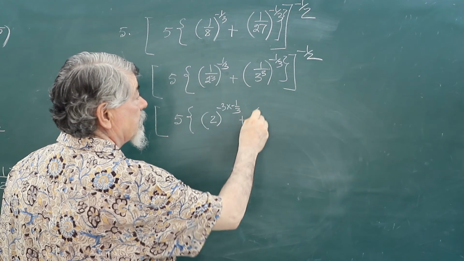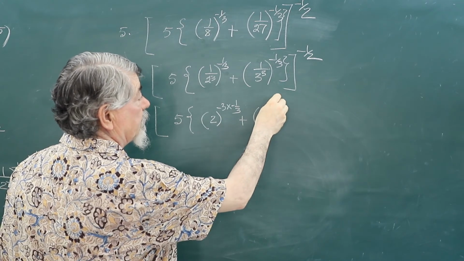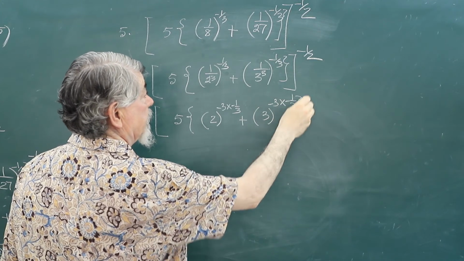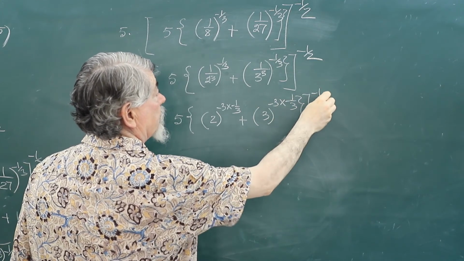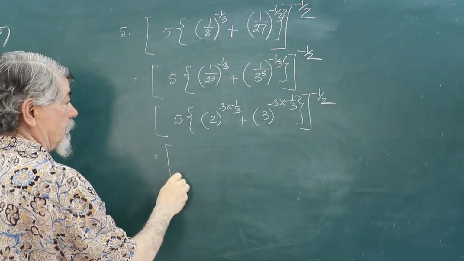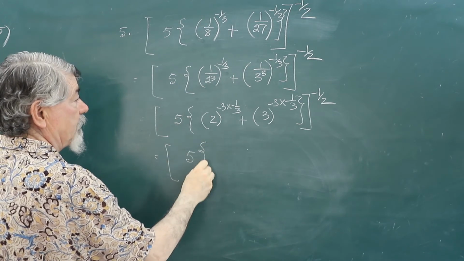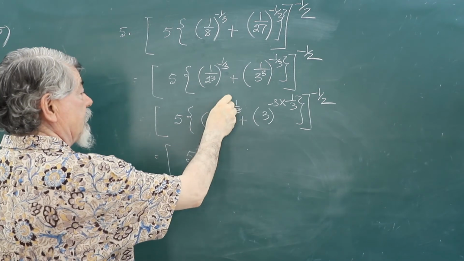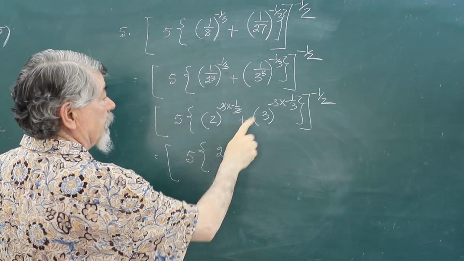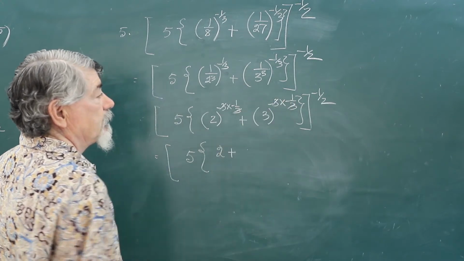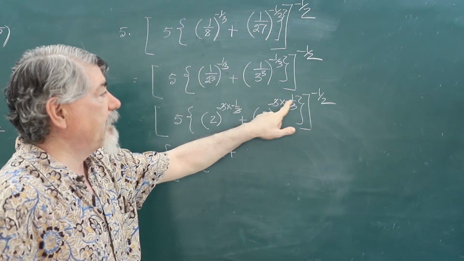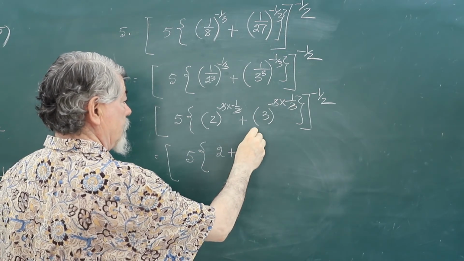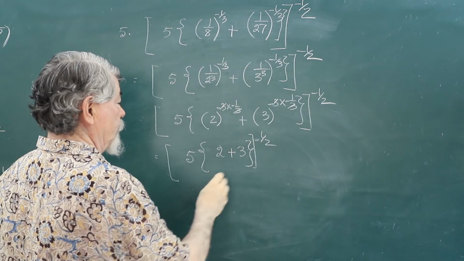Similarly here, 3 to the power minus 3 into minus 1 upon 3. Now notice that this minus minus will become plus, 3 will cancel, so it will remain 2. Similar will happen here. Similarly, 3 and 3 will cancel, minus and minus will become plus. So, to the power minus 1 upon 2.